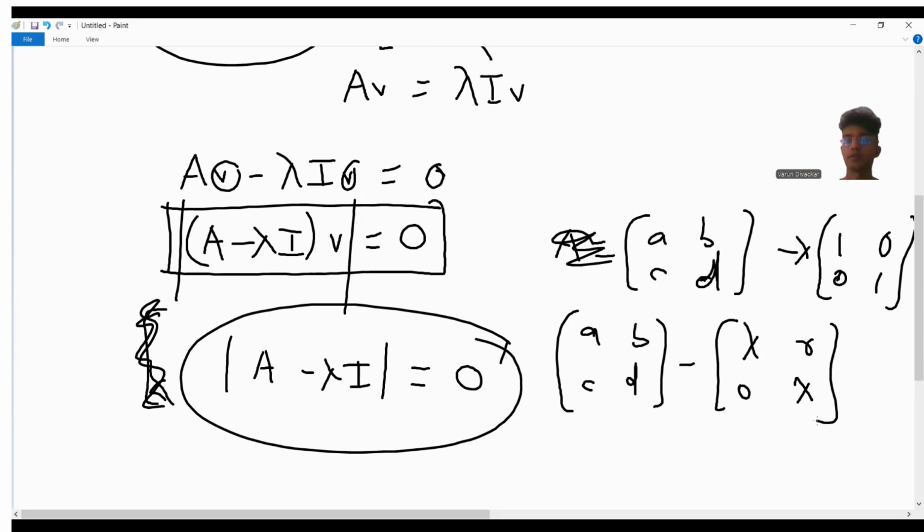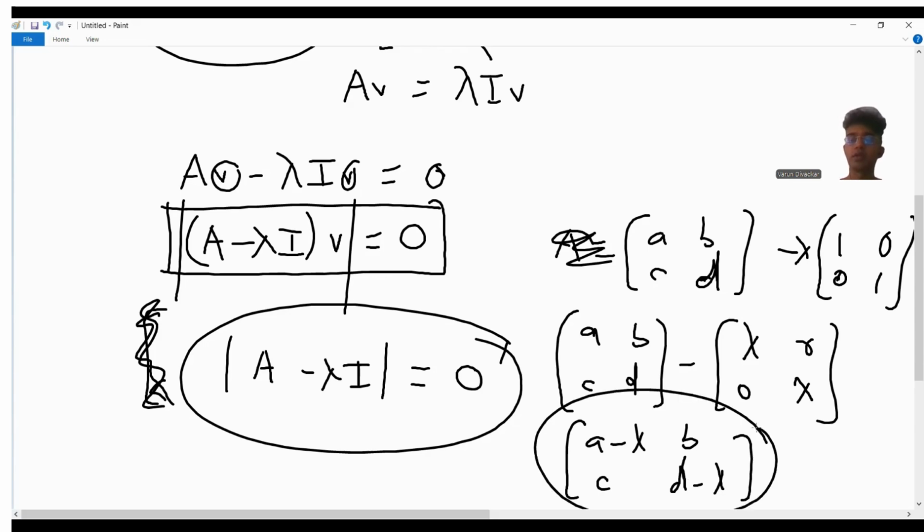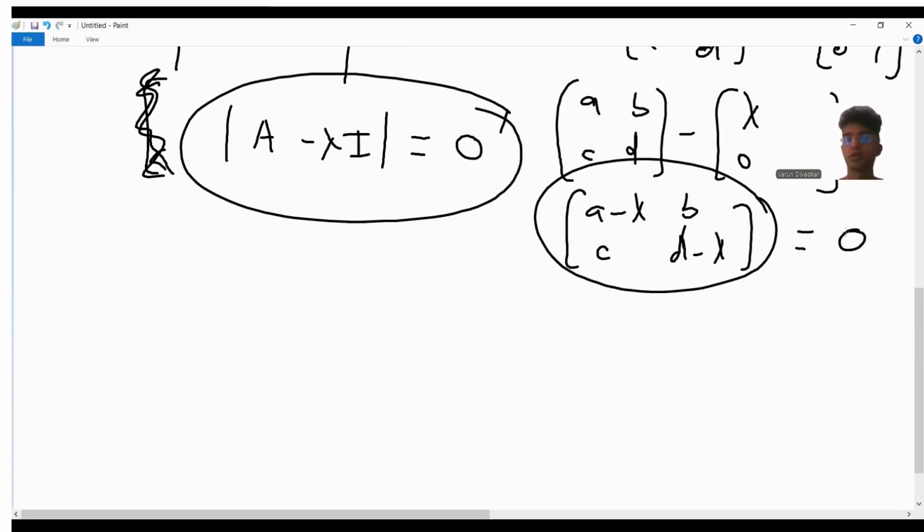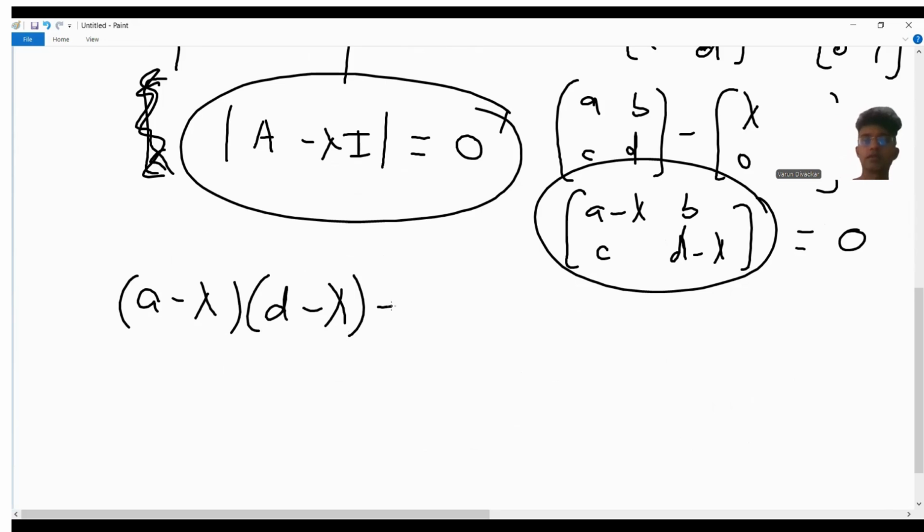So this effectively becomes [A minus lambda, B; C, D minus lambda]. The determinant of this should be equal to 0. So basically (A minus lambda) into (D minus lambda) minus BC equals 0.